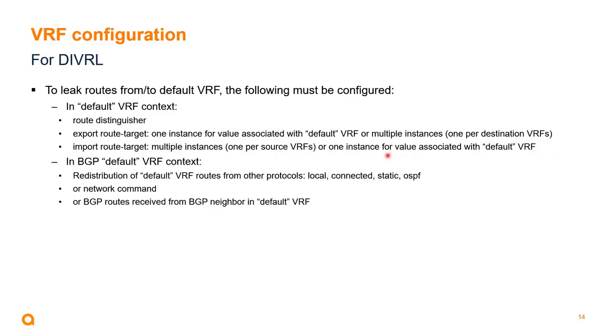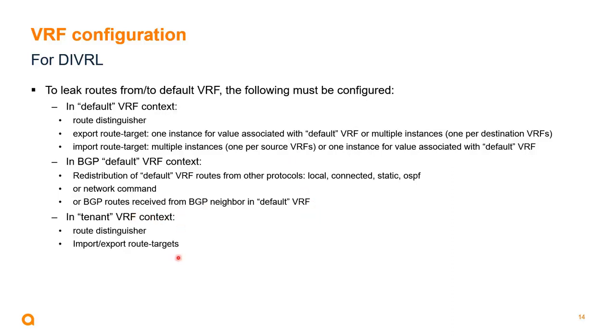Inside BGP, you need to redistribute the routes from the default VRF that are coming from other protocols like local, connected, static, or OSPF. You may use as well the network command, or simply receive BGP routes from a BGP neighbor inside the default VRF, IPv4 or IPv6 address family.